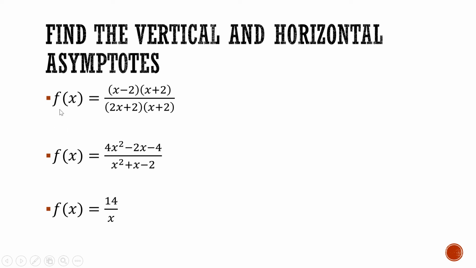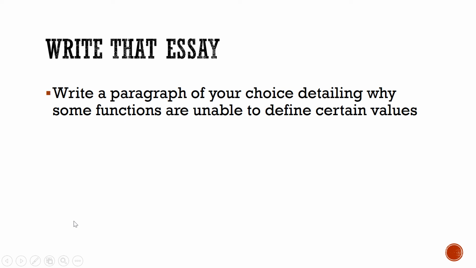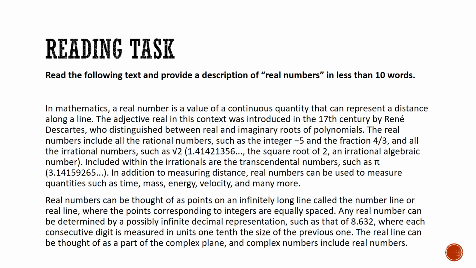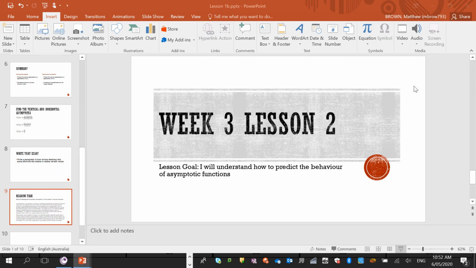So if you're used to saying y equals this, it means the same thing. I want you to write a paragraph saying why some functions are unable to define certain values, and have a read of this. Read the following text, and provide a description of real numbers. What is a real number? Just have a quick read of that, and write a sentence of 10 words or less.